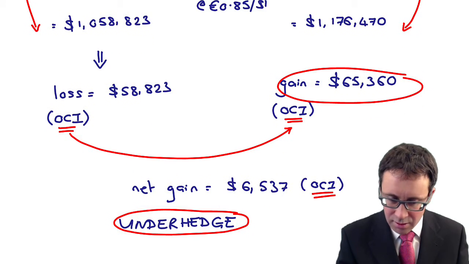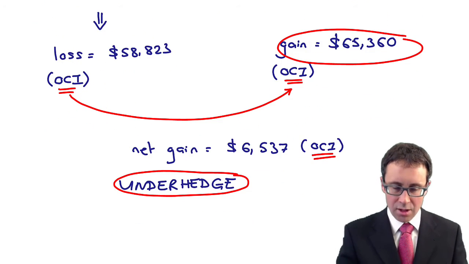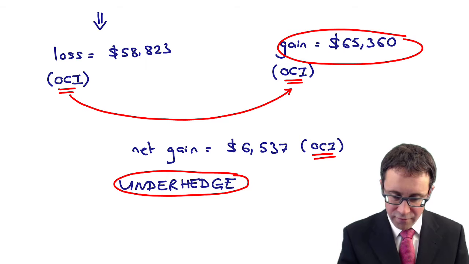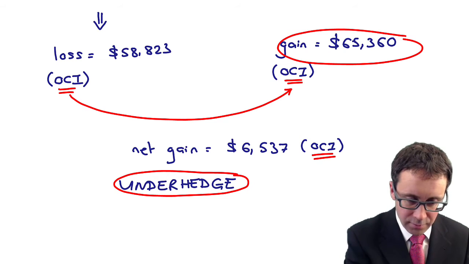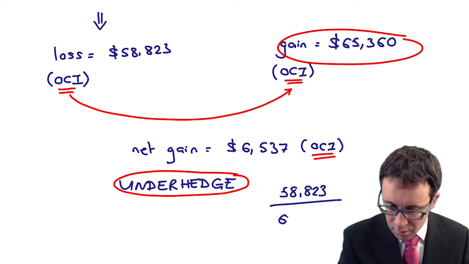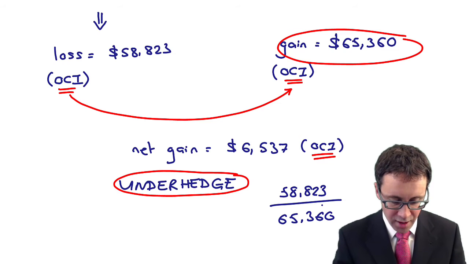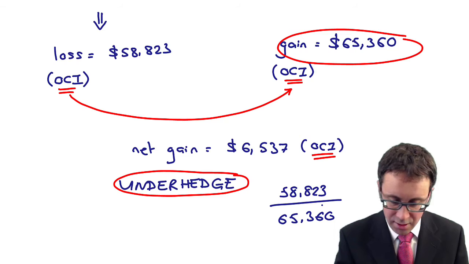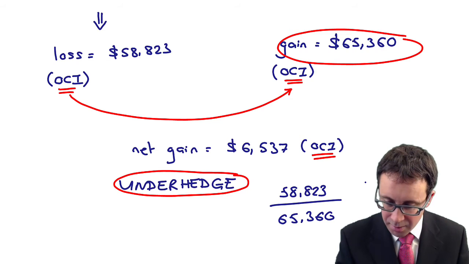You know, what is the effectiveness as a percentage? You've got 5,823 over 65360. So 5,823 divided by 65360 is the 89.999.